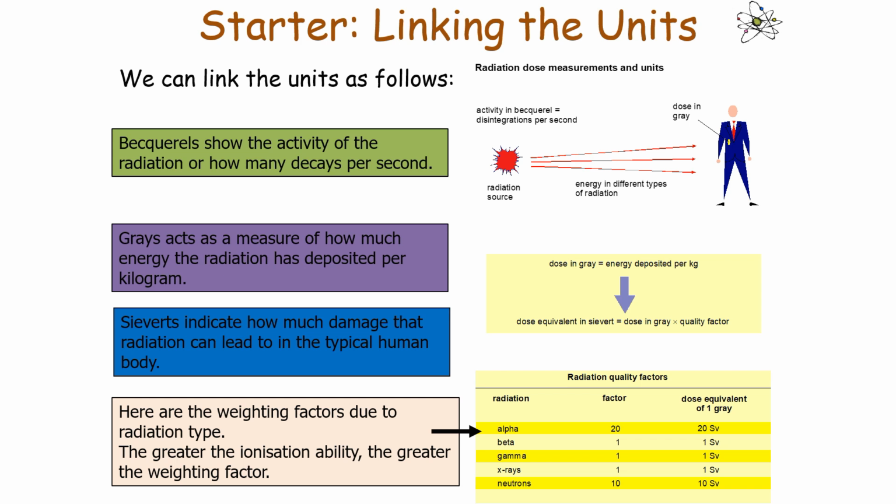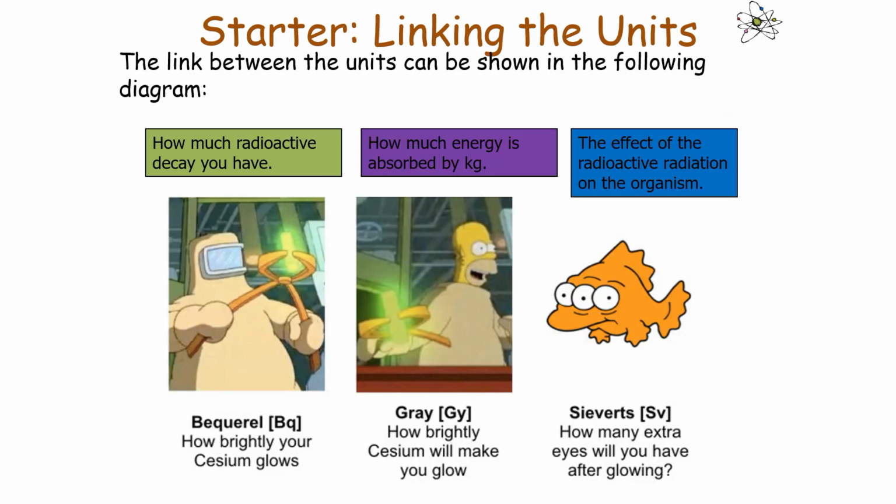You can convert between Grays and sieverts with weighting factors due to the radiation type, where the greater the ionizing ability, the greater the weighting factor, and the tissue which the radiation hits. Here we can see in the following diagram the link between your becquerels, your Grays, and your sieverts.